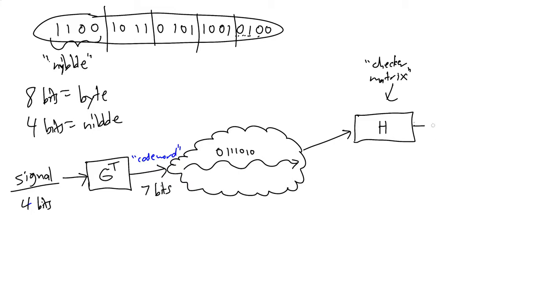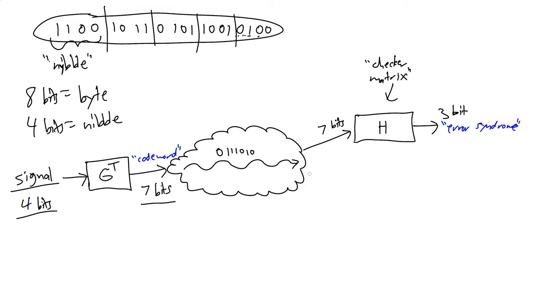And what's going to come out is going to be a 3-bit thing. So kind of wild here, right? We got 4 bits here, and that converts into 7 bits. We send that across the wire. We put the 7 bits into this H transform here, and we get back a 3-bit thing. And that thing goes by the name of the error syndrome, which we'll be discussing quite a bit in just a moment.